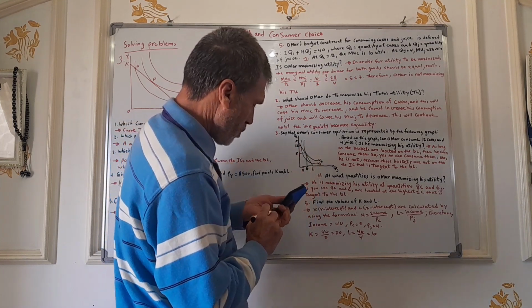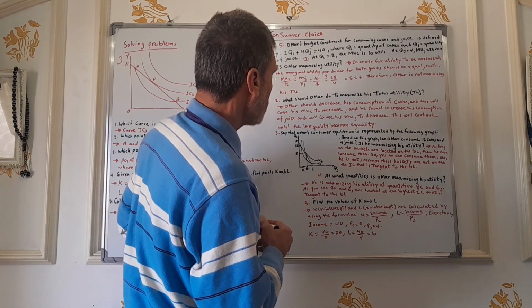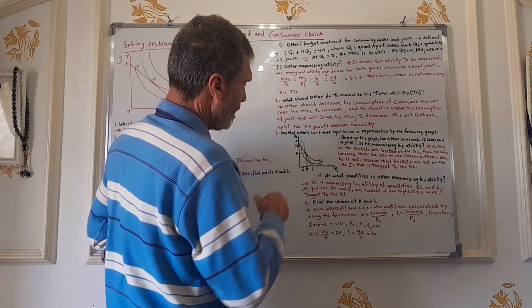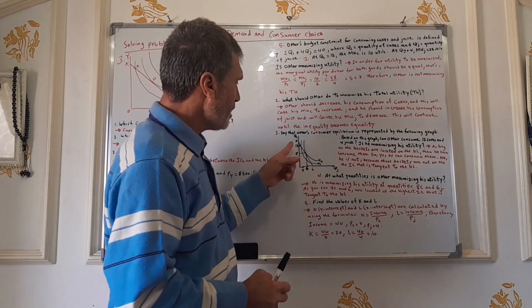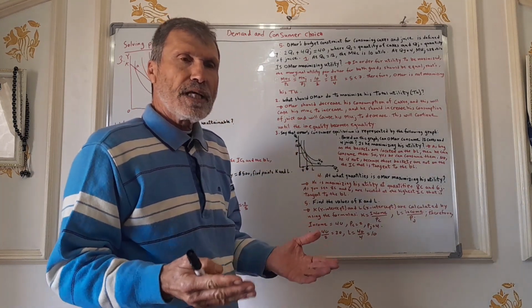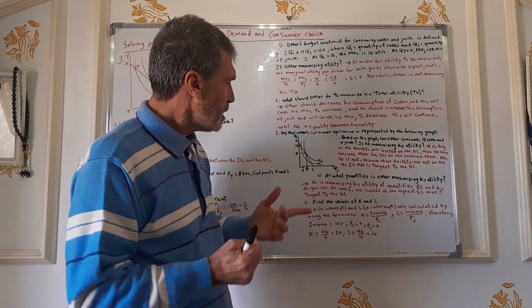Of course, 12 and 4 are located along the budget line. So his budget line dictates that he is able to consume 12 and 4. No big deal. Yes, he can.